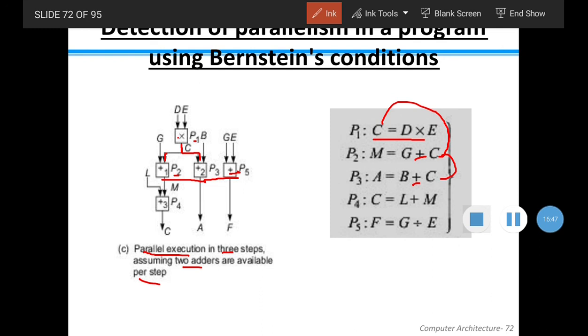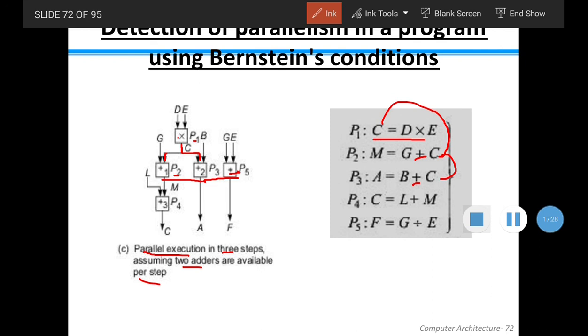We will discuss in depth all these dependencies and how to eliminate them to exploit parallelism. For the time being they have given simple statements, but in real-world examples, in assembly language, as you learned about microprocessors in 4th semester, it is a bit confusing and tough to understand, because you have to remember all the instruction sets and addressing modes.